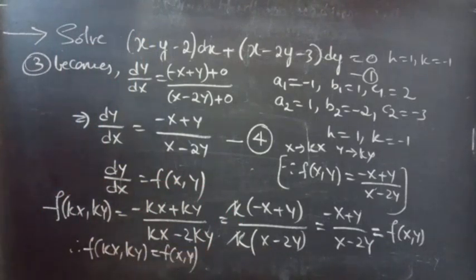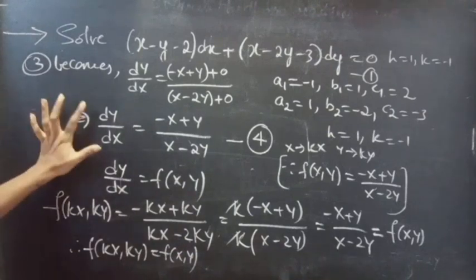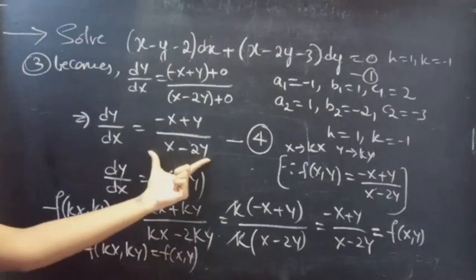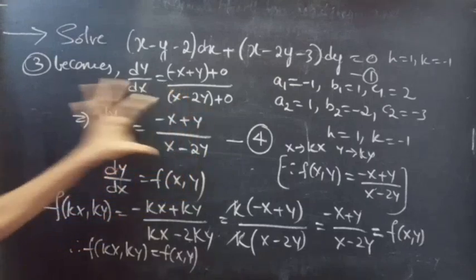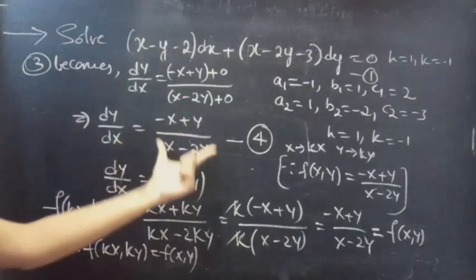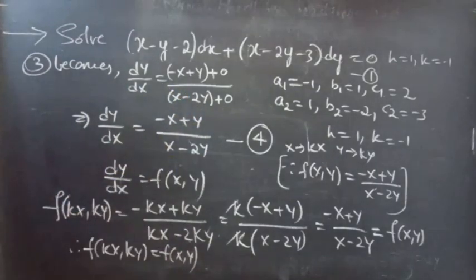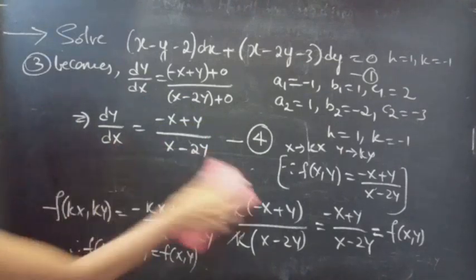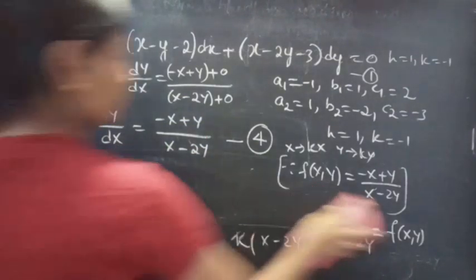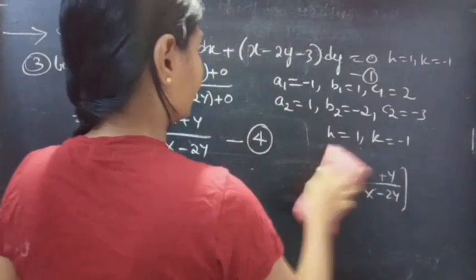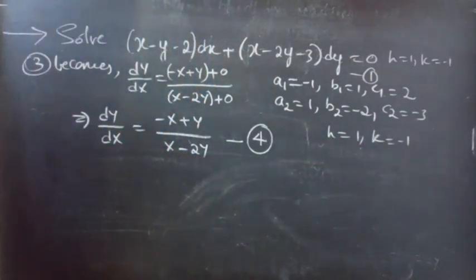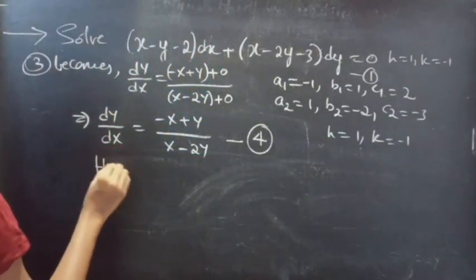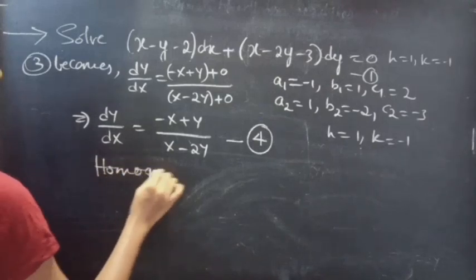From this we can say that this function is a homogeneous function, and the differential equation involving a homogeneous function is called a homogeneous differential equation. So here our equation 4 is a homogeneous differential equation.